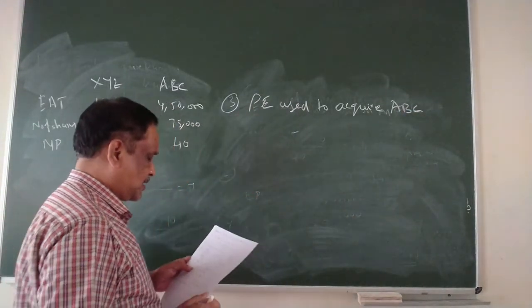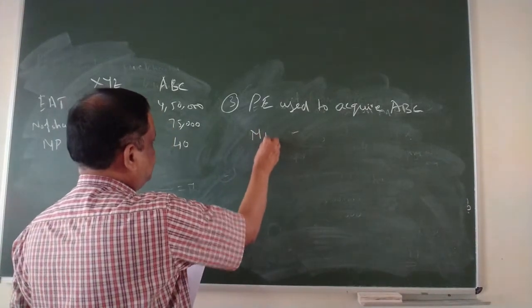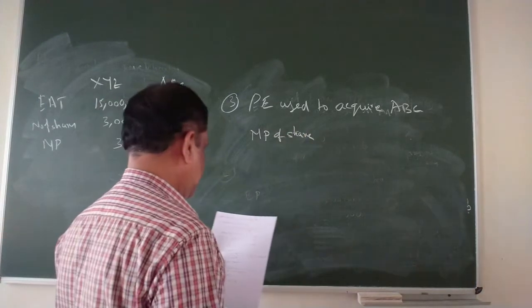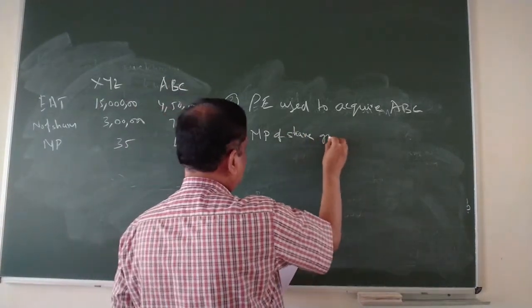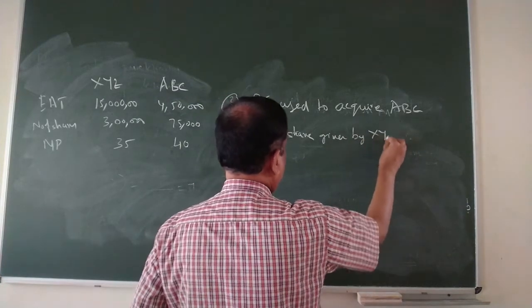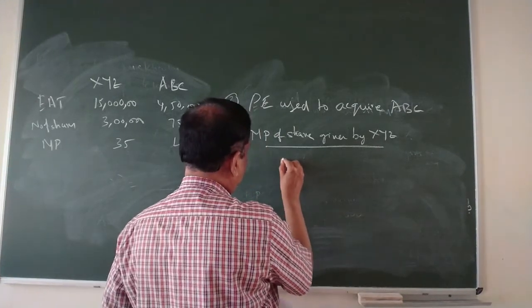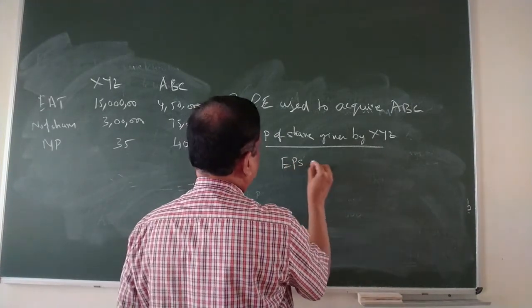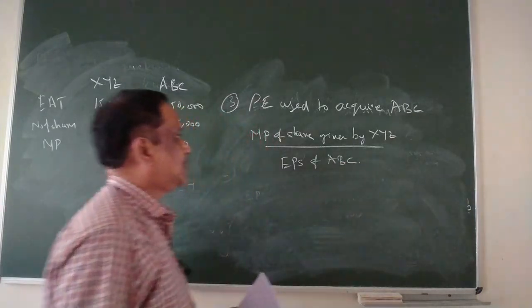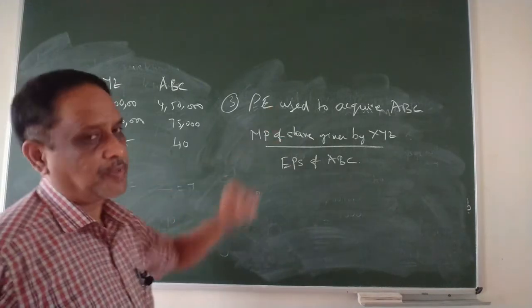So this will be the market price of share given by XYZ divided by current EPS of ABC. Market price divided by EPS is the PE.